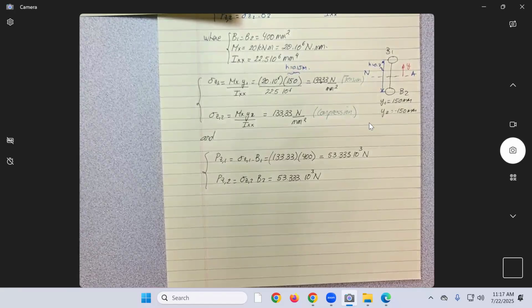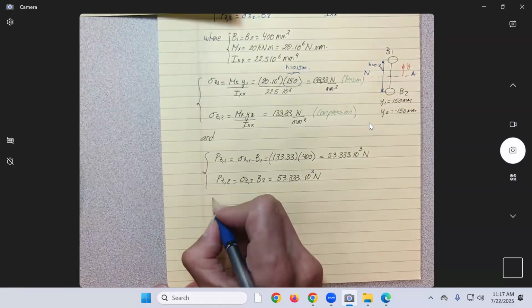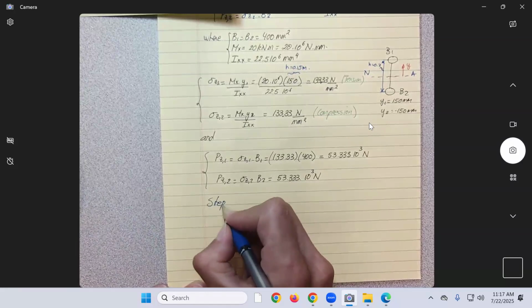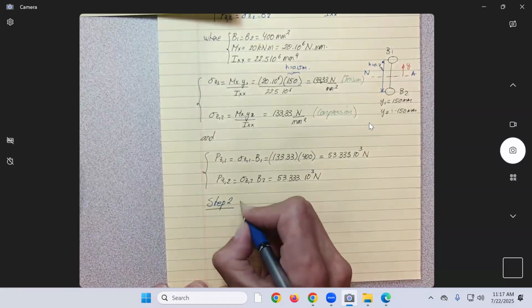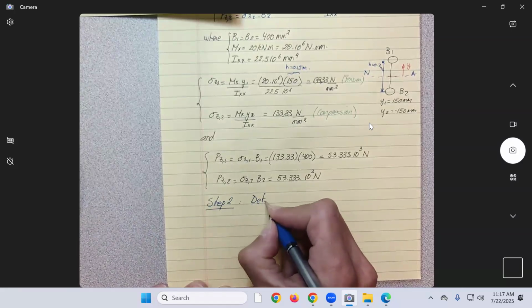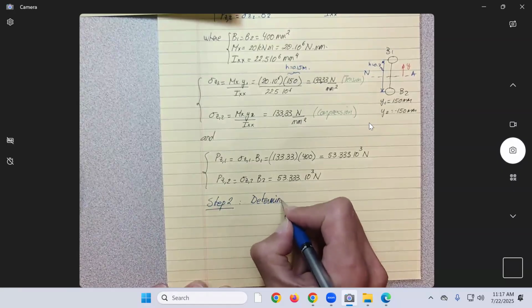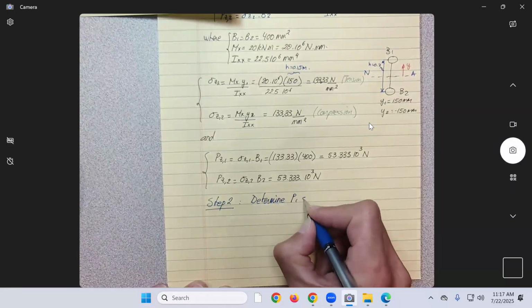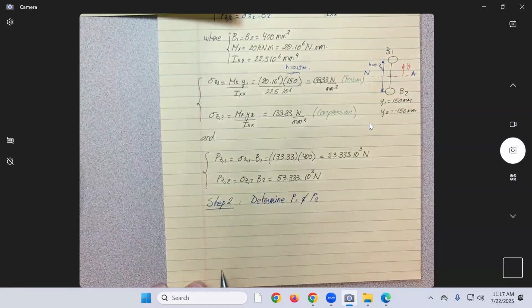So this stuff was step 1. If you look at the notes, tell me what should be now step 2. I think it should be, if I'm not wrong, determine P1 and P2, is that correct? But I want you to go and check your notes.